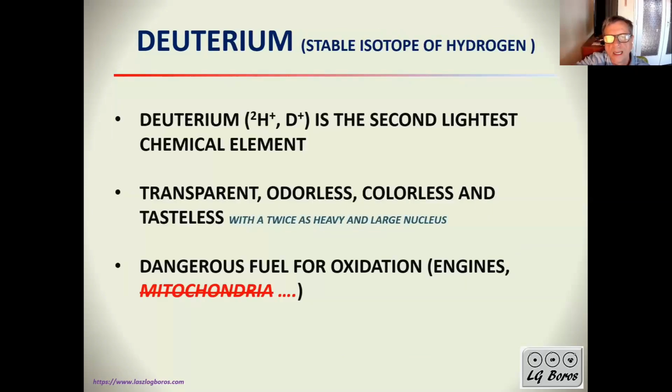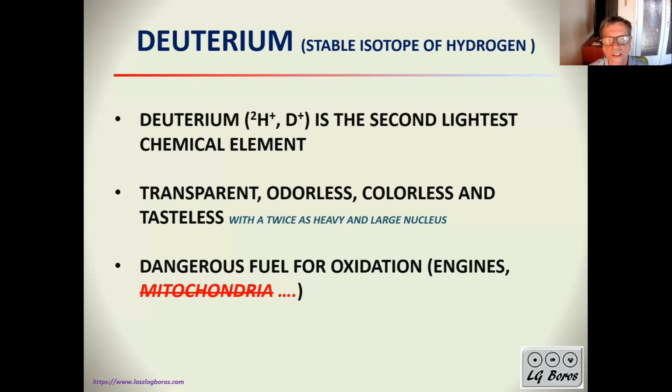And deuterium, the pair or the stable isotope of hydrogen, is labeled as 2H, showing that it has a different nuclear structure. We're going to look at it in a minute. It's still transparent, odorless, colorless, and tasteless, but with a twice as heavy and large nucleus.